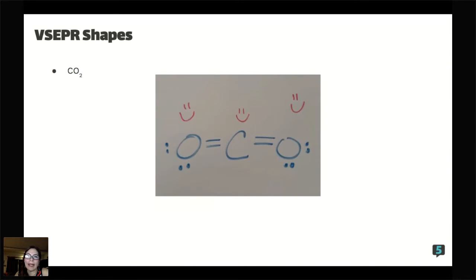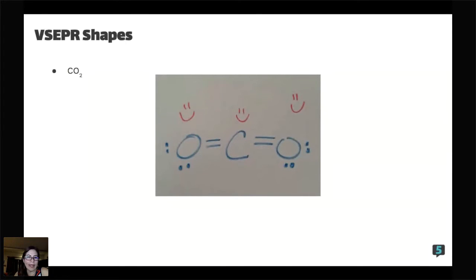So this will help carbon without affecting oxygen. Now we have 2, 4, 6, 8 electrons for carbon. Carbon is very happy. And we have 2, 4, 6, 8 for each of the oxygens. So now all the electrons are accounted for and everybody is happy.